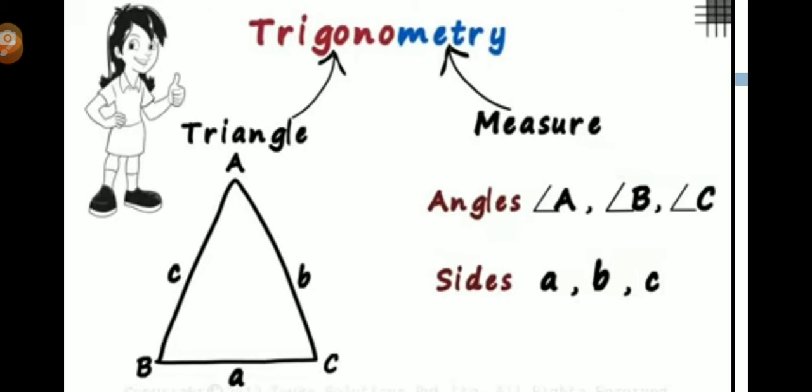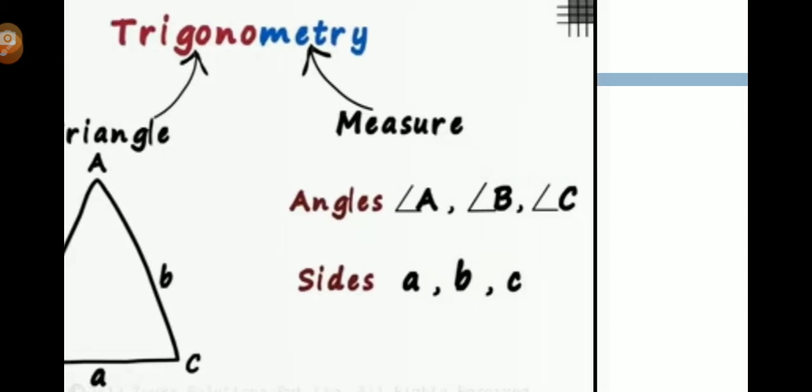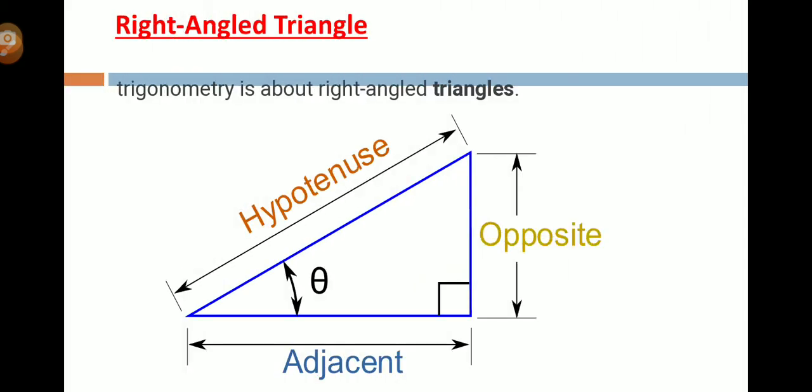Here trigonometry deals with only the right angle triangle, that is, trigono, triangle, and metry, measuring of the triangles. Trigonometry is all about the right angle triangle.